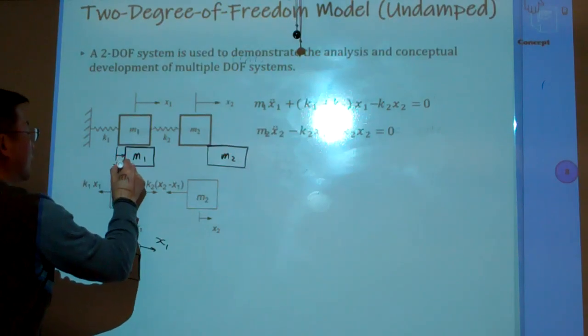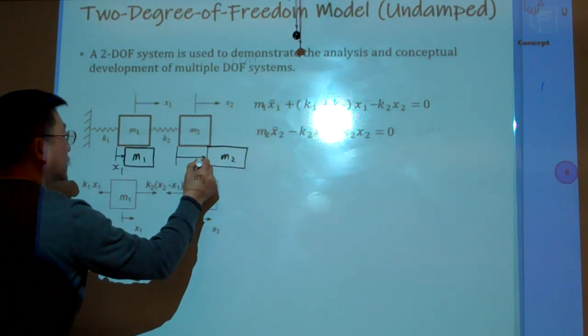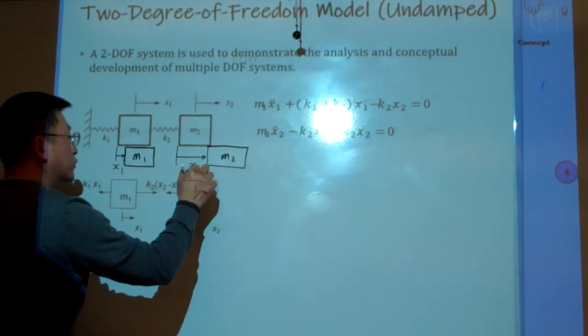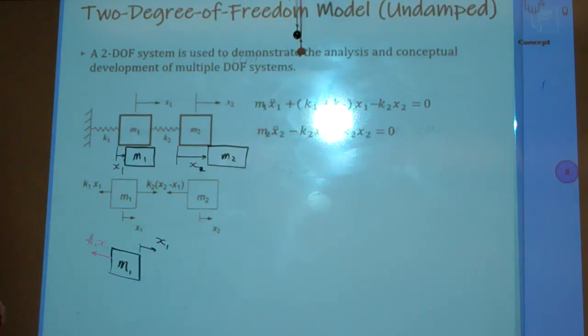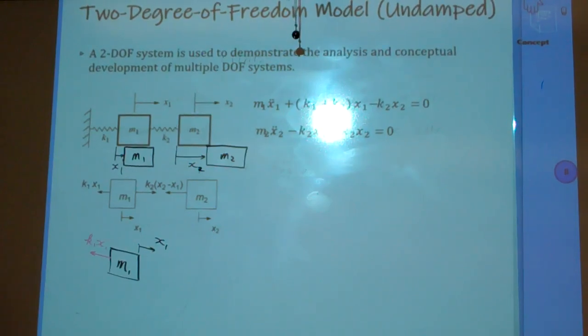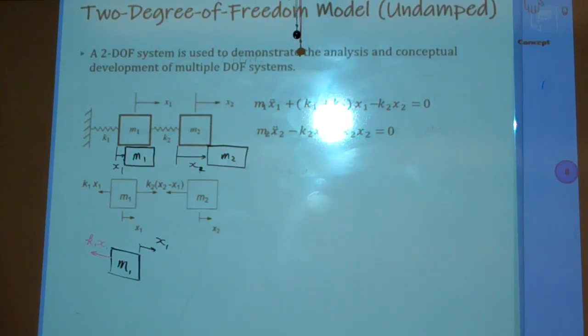This is x1 and this is x2. In my drawing, I assume x2 is greater than x1. You assume one scenario and stick with the scenario you assume. Everything will be consistent when you have the equation of motion formulated. Assuming one good scenario for formulation will be easier for you.